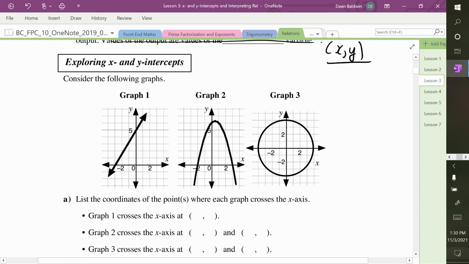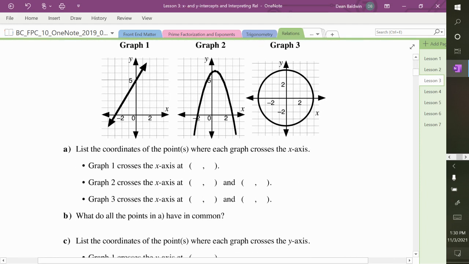I would like you to tell me where graph 1 crosses the x-axis. What are the coordinates of the point at the x-axis where the graph crosses it? I.e., what are the coordinates of that point? -3 and 0.